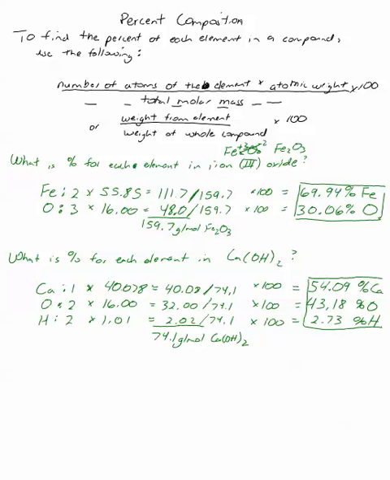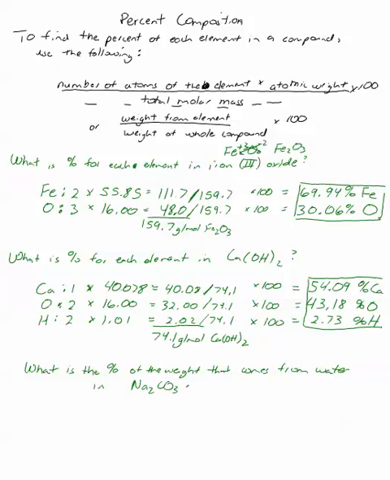Okay, very last problem there is we're going to do something a little bit different. And we're going to say, what is the percent of the weight that comes from water in this formula right here?